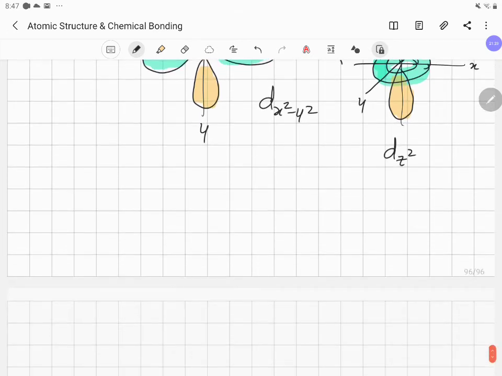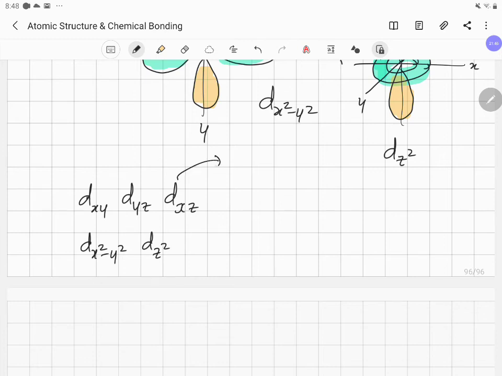So there are 5 d orbitals. One is dxy, second dyz, dxz, and then dx square minus y square and dz square.